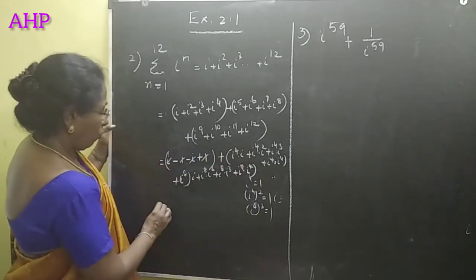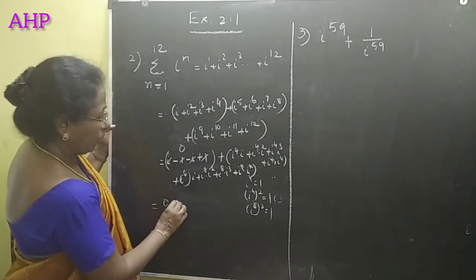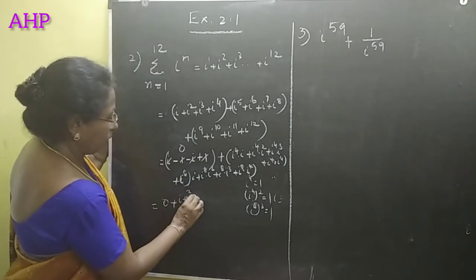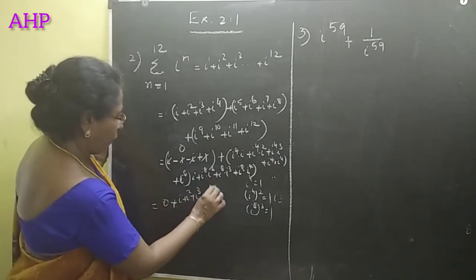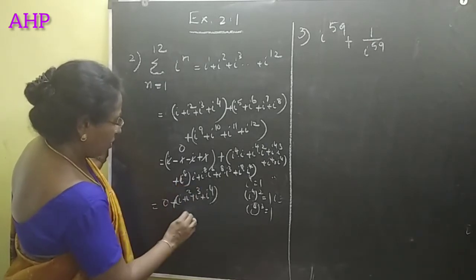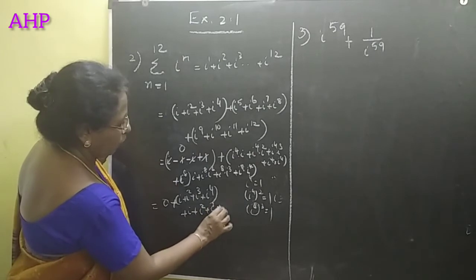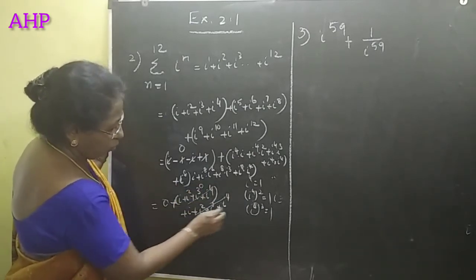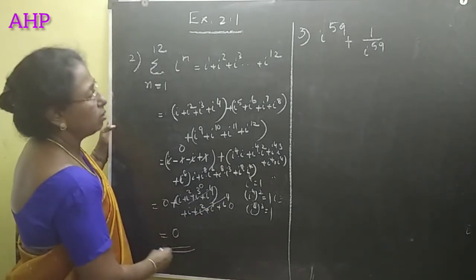So if you substitute the values, it is going to be, see, this is 0 plus i power 4 into i is i plus i square plus i cube plus i power 4. Same way this again, plus i plus i square plus i cube plus i power 4. So this value is also going to be 0. This is also going to be 0. So 0 plus 0 plus 0, it will be 0.